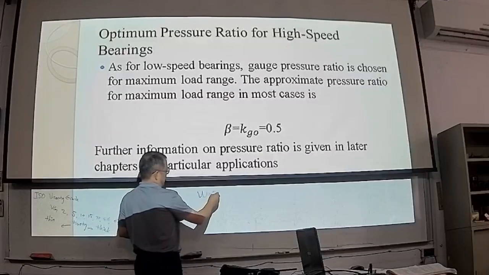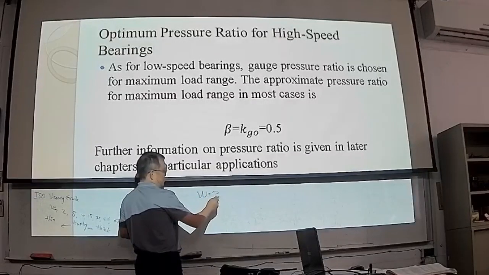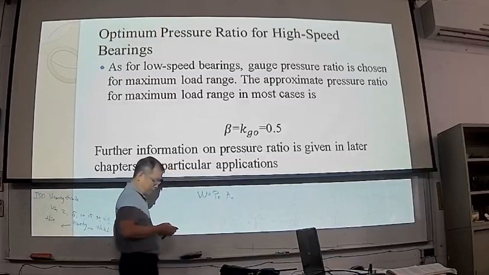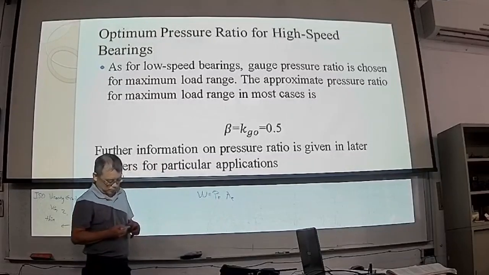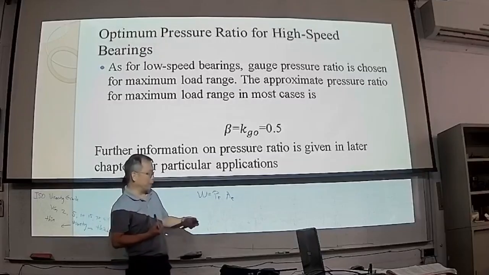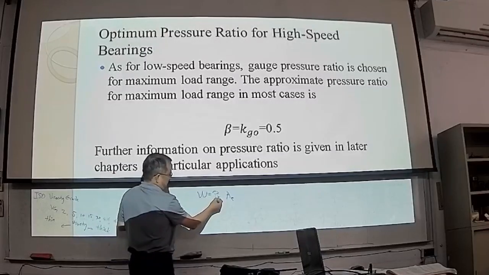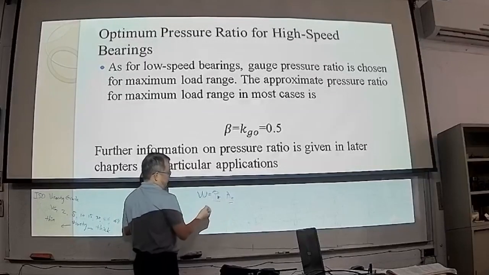So for bearing load capacity, it equals the recess pressure multiplied by the equivalent bearing pad area. So PR multiplied by the area.